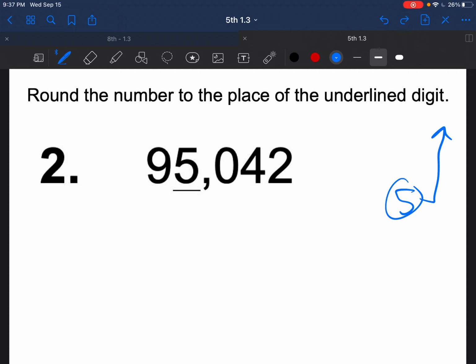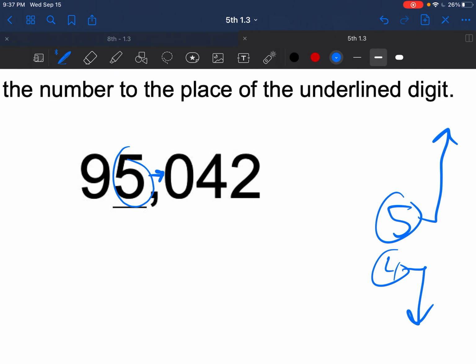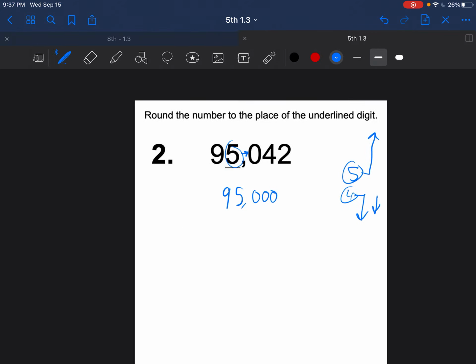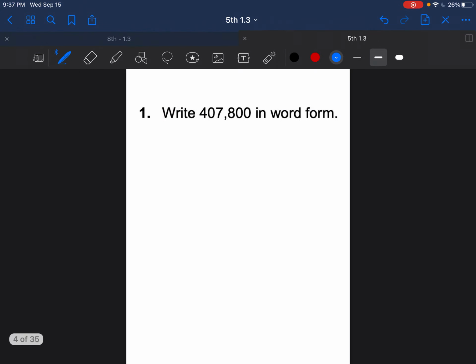If it's 4 or below, we stay the same or go down. So let's take a look. Here's my 5. We're going to look to the number to the right, and 0. Is 0 bigger than 5 or lower than 4? It's lower than 4. That means we're going to go down or stay the same. So the nearest thousand is going to be 95,000. All right, that was just a quick practice. We'll keep on practicing this as we move forward.